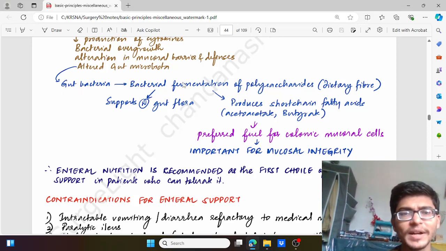Gut bacteria ferment polysaccharides, which includes dietary fiber.